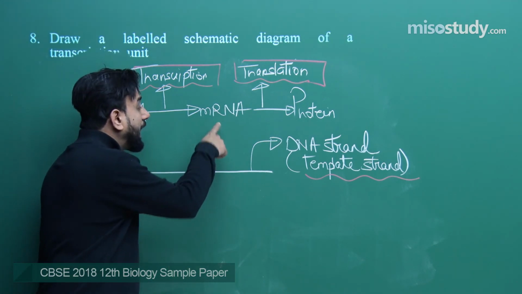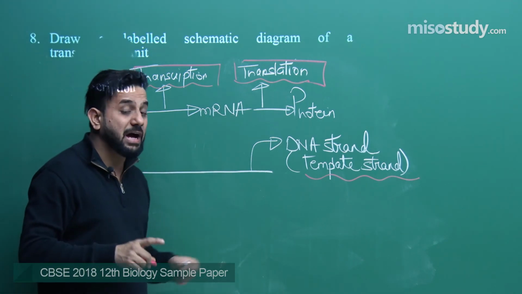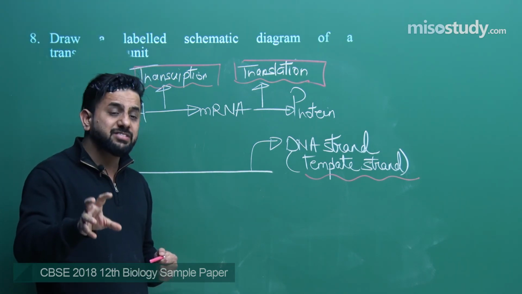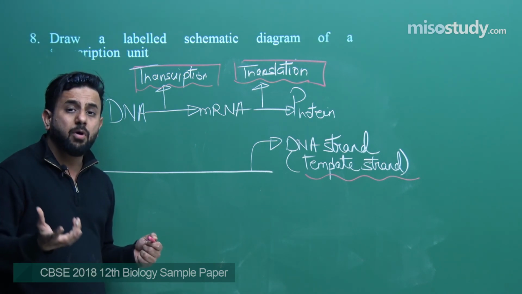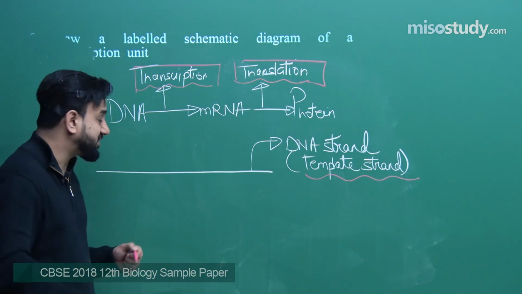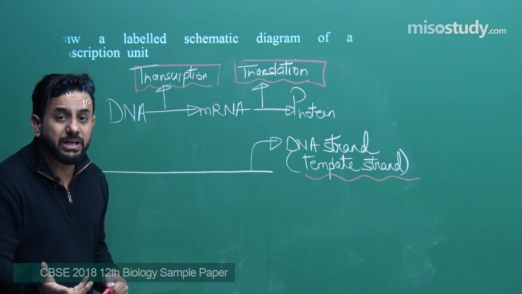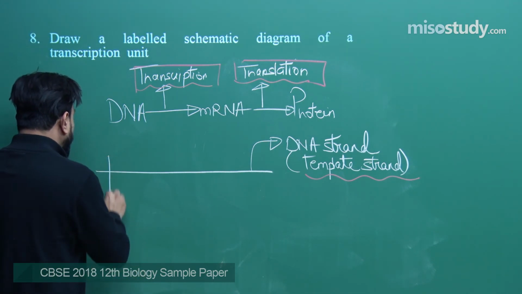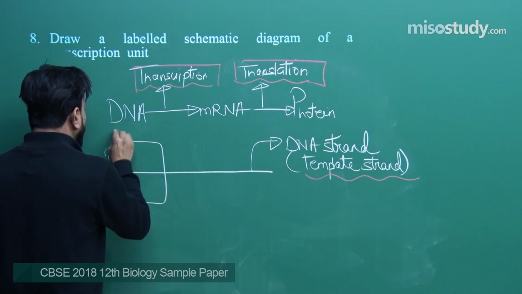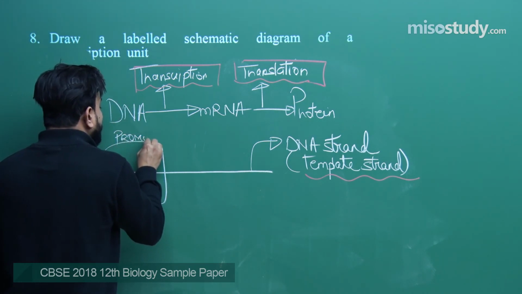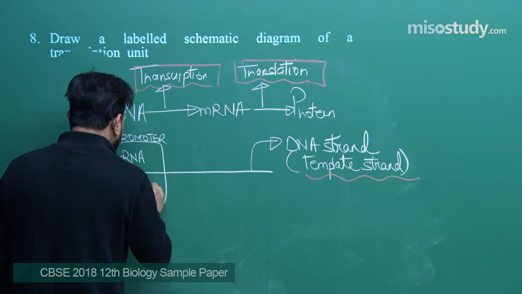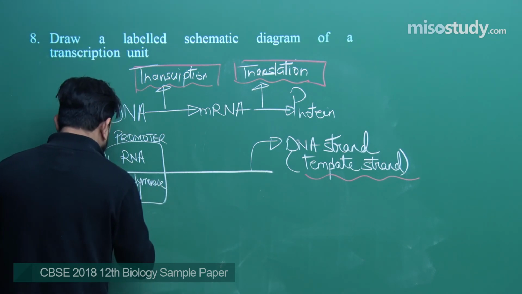Since RNA has to be manufactured, we need RNA polymerase, right? Where will this RNA polymerase enzyme act? Yes, it will act on the DNA. But where on the DNA? That is the site which is called the promoter site. At this promoter site, the RNA polymerase will bind.